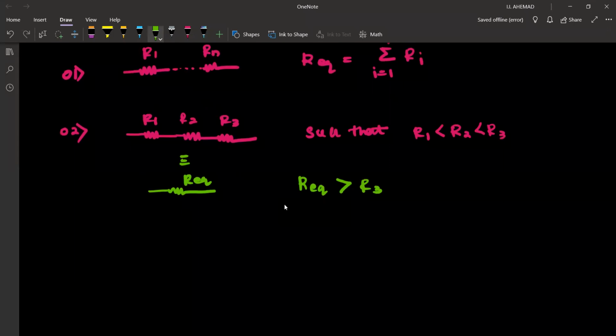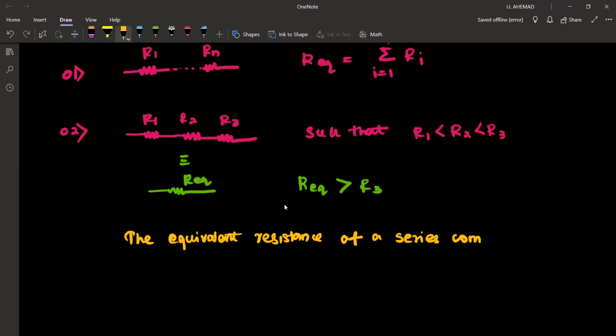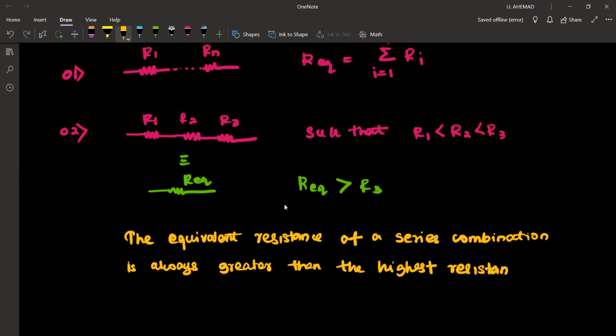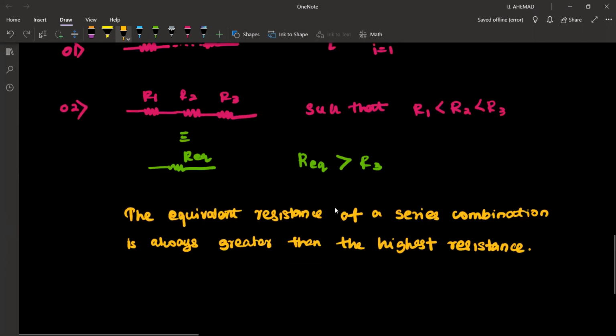So from this, we can get an idea. The equivalent resistance of a series combination is always greater than the highest resistance.